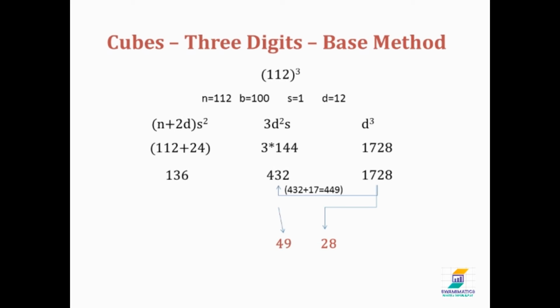The next one is 432 plus 17 is 449. So 49 will be your 100th and 1000th digit. 4 gets added to 136. Your most significant digits will be 140. So the cube of 112 is 140, 49 and 28.